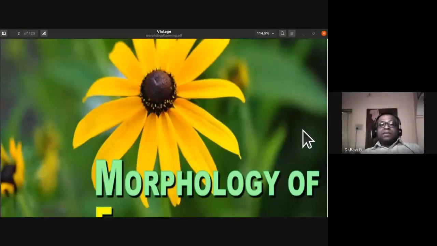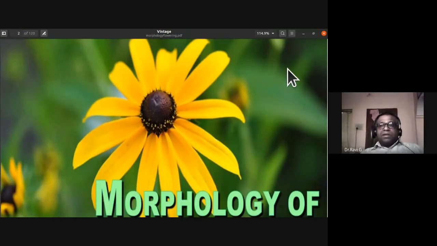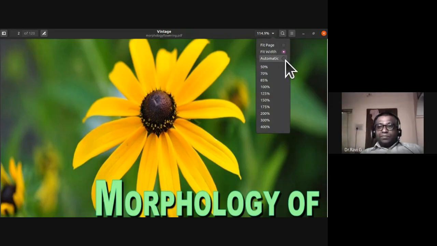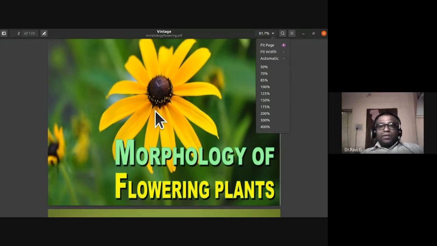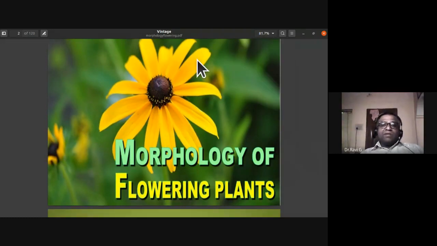You can see this particular backdrop slide. We have this flower. You look at it as an individual flower, isn't it? You think that it's an individual flower. It is not an individual flower.